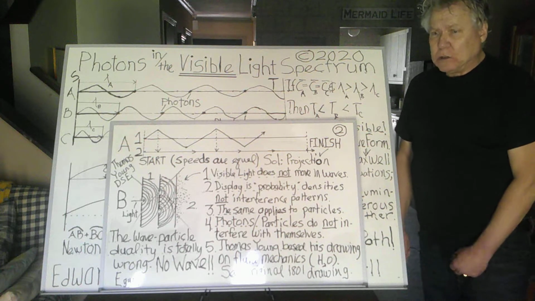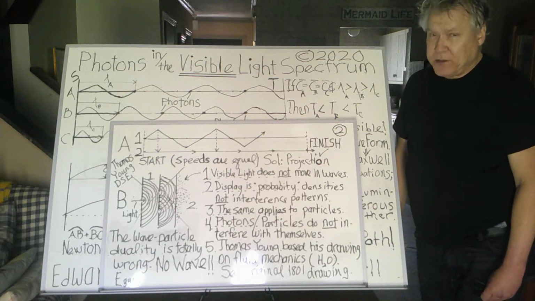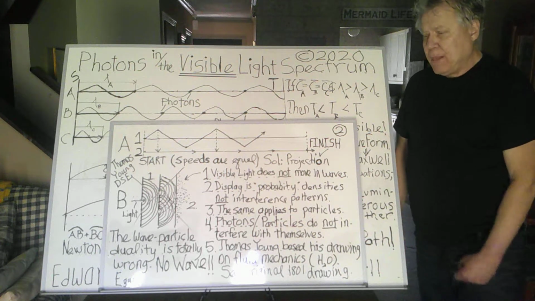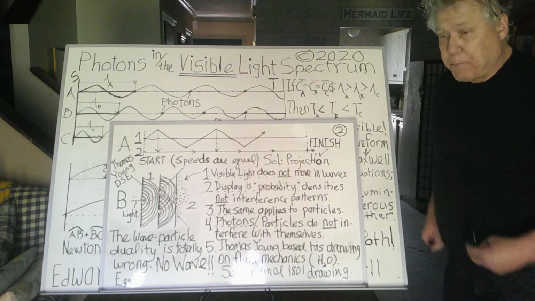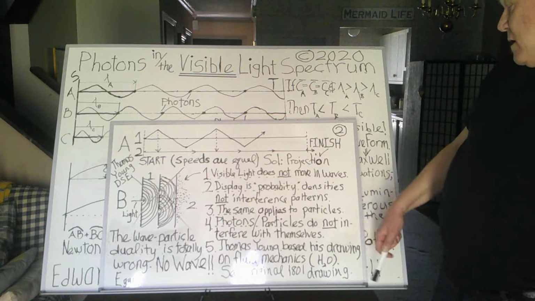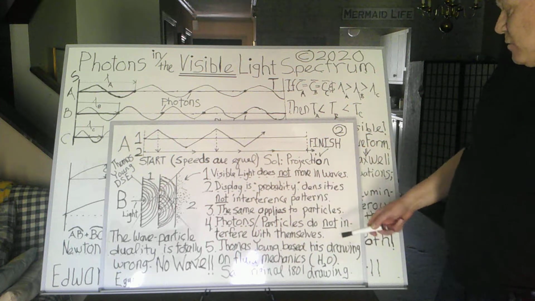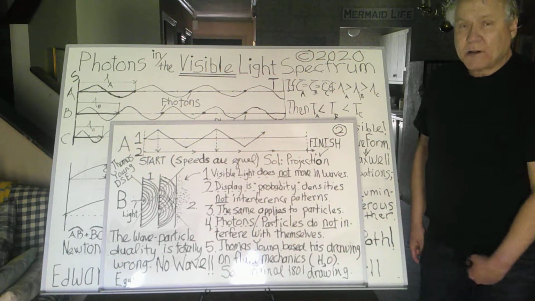Particles, whether they're photons or electrons or anything, do not interfere with themselves. They go in and behave just as a regular ball would. So this applies to the particles. Photons, particles do not interfere with themselves, and the other is the Thomas Young point that we talked about.